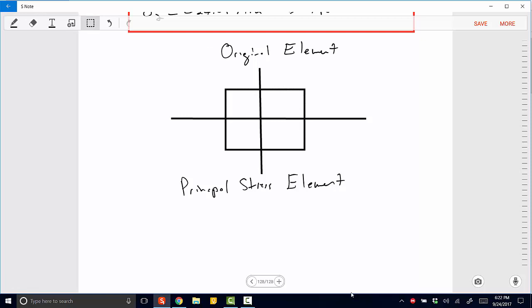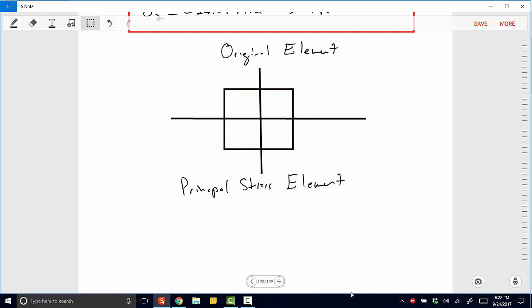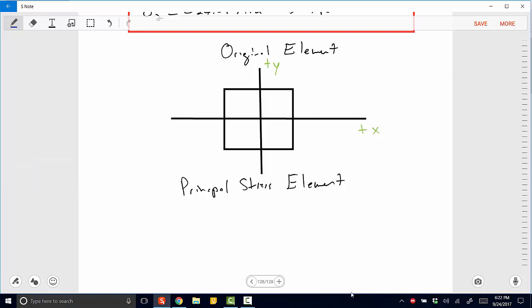Okay. And let's define our axes. A positive x-axis, a positive y-axis. And then let's draw our original state of stress.